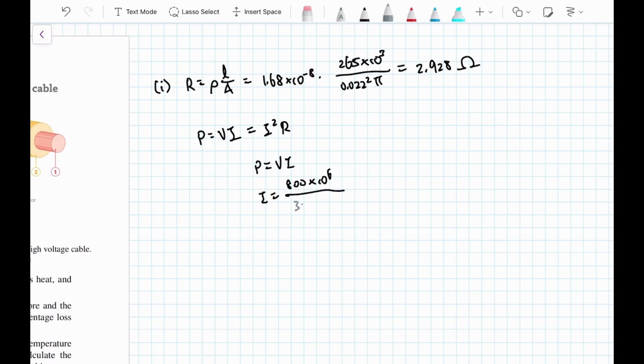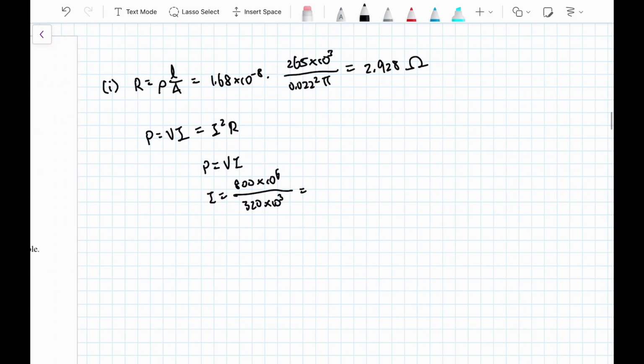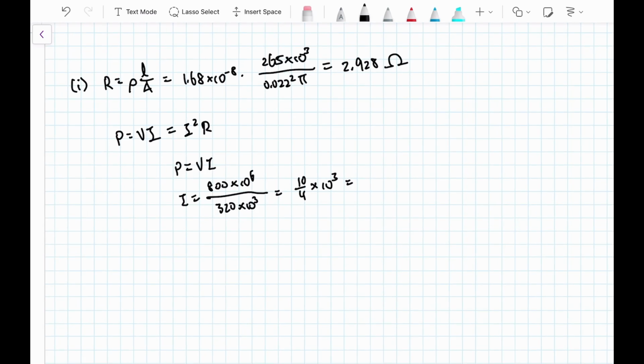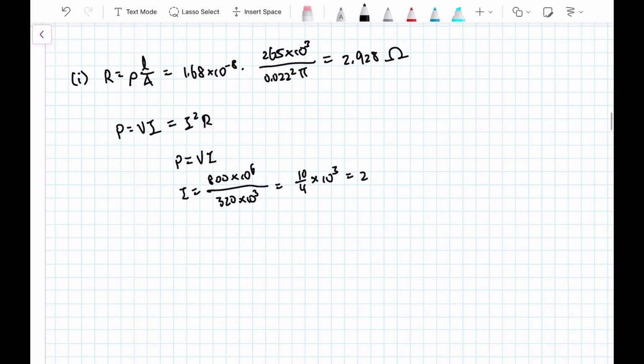That is 10 over 4, which is equal to 2.5, so 2500 amperes.